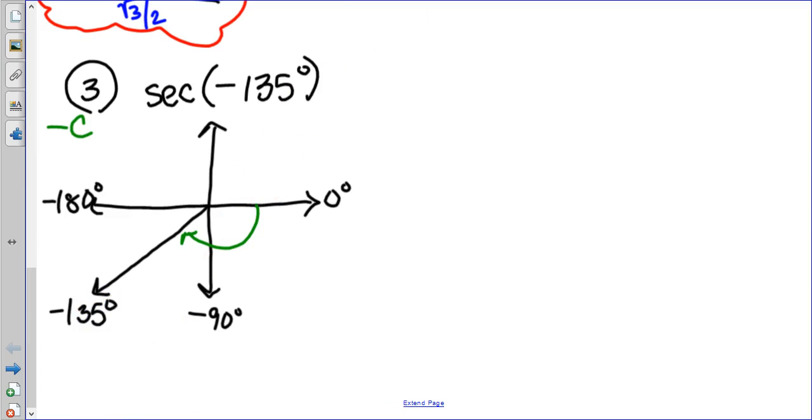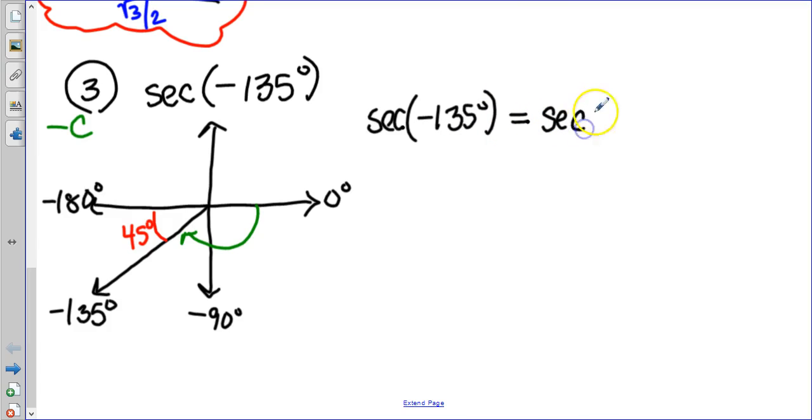Now that I've sketched negative 135, I ask myself, what's the reference angle? What is the shortest distance from the terminal side to the x-axis? Ignoring the negative sign, the distance from 180 to 135, or 135 to 180, however you would like to see it, is 45 degrees. So I know that the secant of negative 135 is equal to secant of 45.